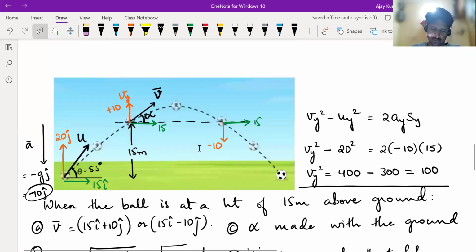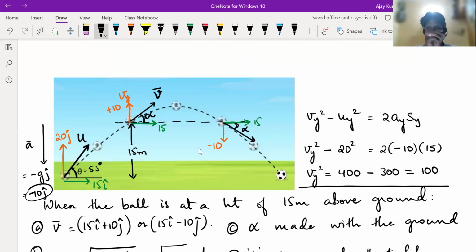At the same level, when the object is at the same level during ascent and during descent, there is a symmetry. During ascent, the angle made is alpha above the horizontal, as you can see in this diagram. We found the angle as tan inverse 2 by 3, let it be. If it makes some angle above the horizontal, then during descent at the same level, it is going to make the same angle below the horizontal.